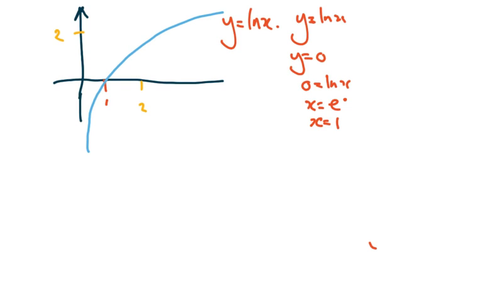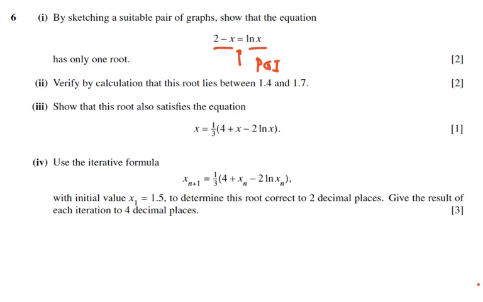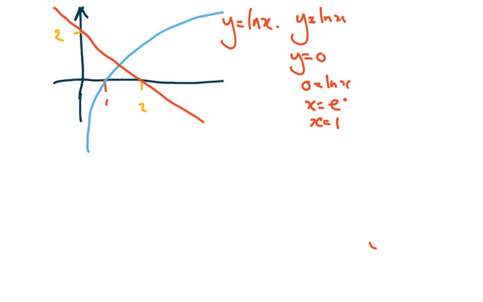If you draw this line, it goes something like that. From the question, it says take x1 as 1.5, and even from the sketch, we can see that our x value is somewhere here.